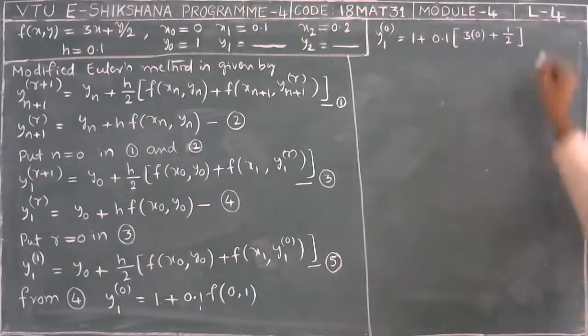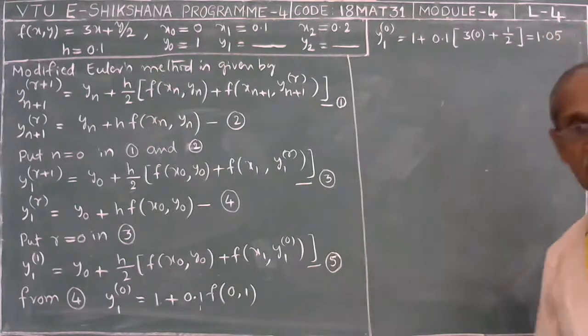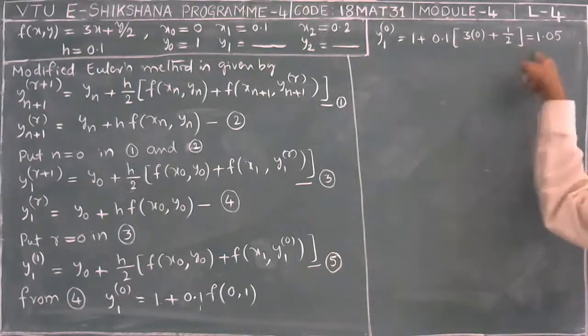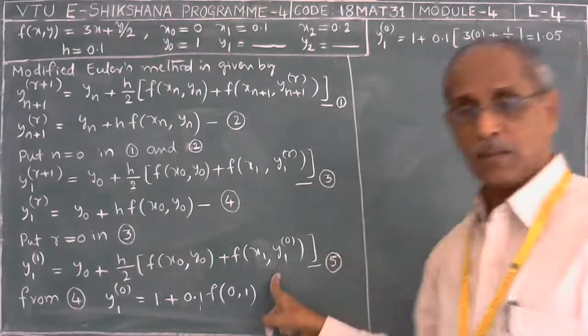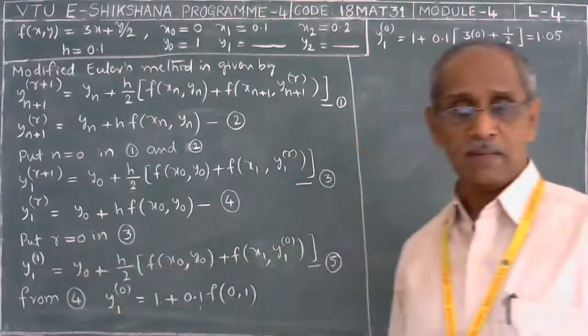If you carefully calculate, this will give you the value 1.05. So my y10 is 1.05. I'll substitute this y10 value here and then compute y11.